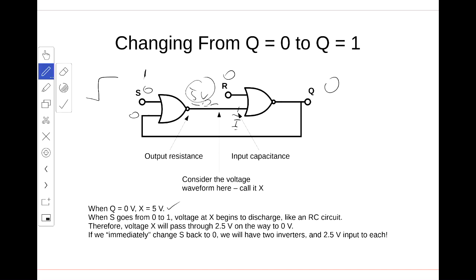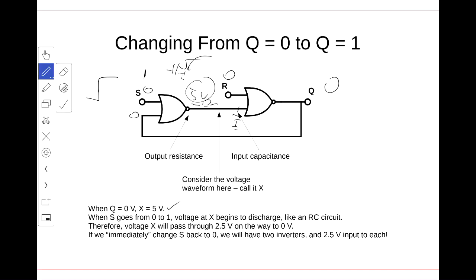Because that's the truth table for a NOR gate. In other words, when S changes, the output of this gate has to go from 5 volts down to 0 volts. The way that's physically achieved is that a FET is going to turn on, connected to ground. So this guy here will have an N-channel FET on the bottom. It turns on, trying to bring this voltage to ground. But there's a resistance from drain to source.